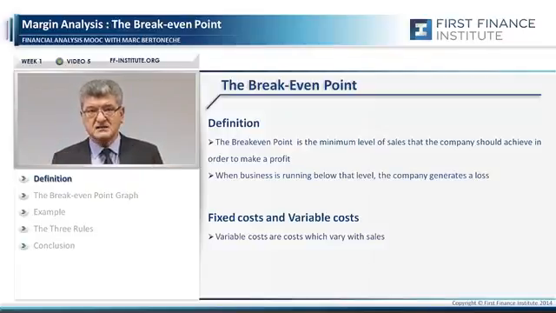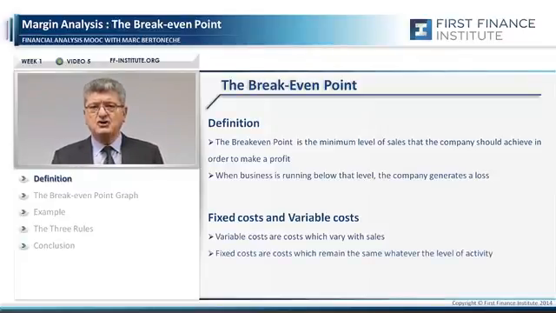I produce two bags, I need twice as much leather or plastics. Fixed costs are costs which remain the same whatever the level of activity, at least within a certain range. We'll come back to that later on. Whatever the level of my sales, I need to pay the same fees for auditing my accounts or for paying my legal advisor.